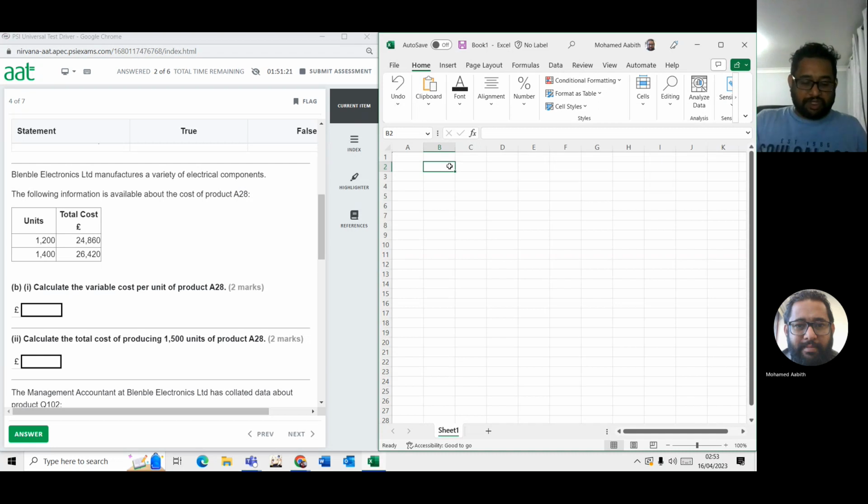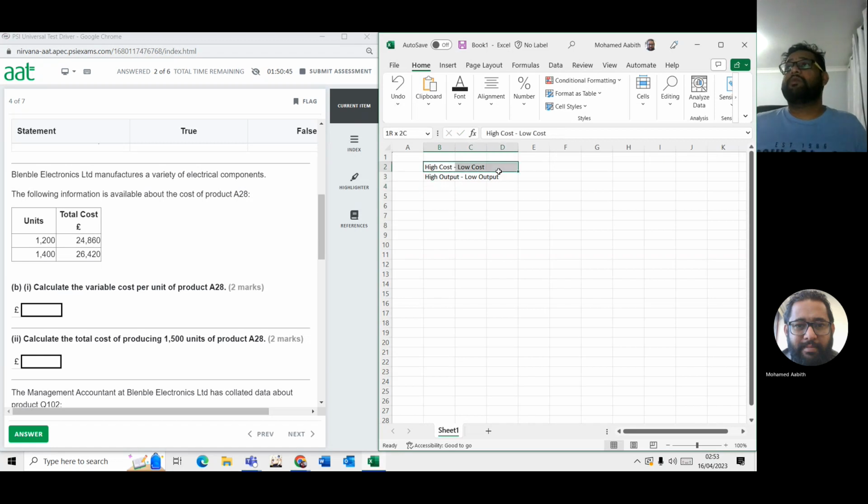So here, the formula is always going to be the difference between the cost at the higher level and the lower level, divided by the difference of units or production at the high level and the lower level. So here, high cost minus low cost, and then you divide this figure by high output minus low output.